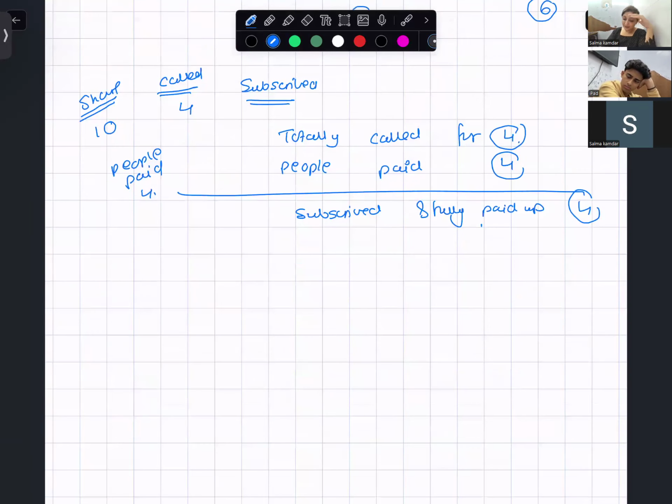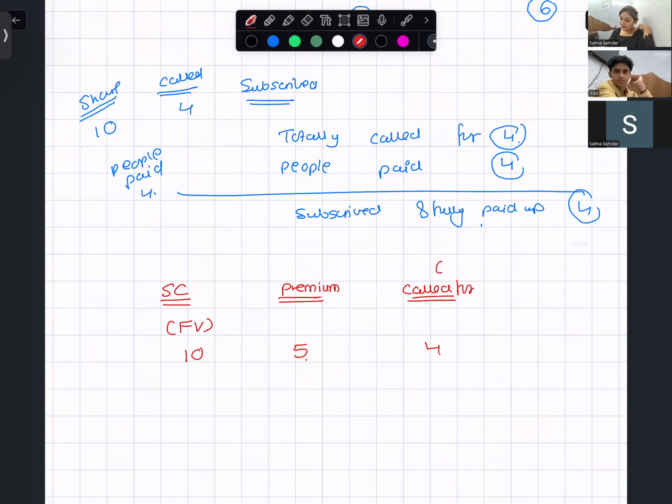Okay. Now let's talk about the balance. Share capital was how much? Total face value was 10. Premium was how much? Premium was 5. I had called for how much? I had called for 4.